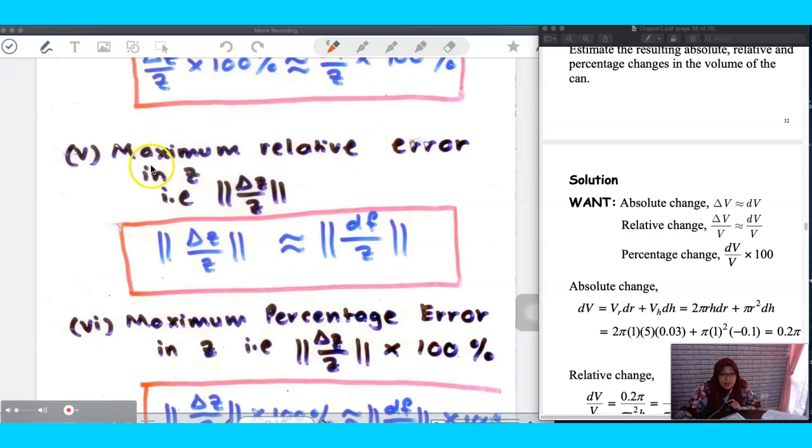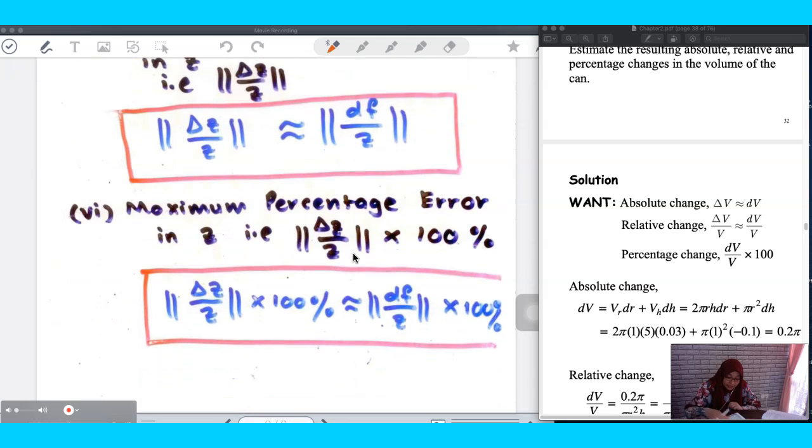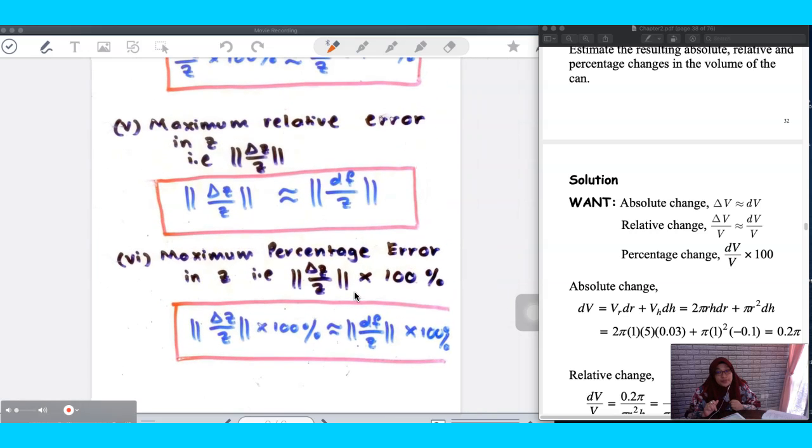Now there is the word maximum, which means you have to put the absolute sign. Now maximum percentage. Last time I just explained percentage change. Now maximum percentage change: using the formula of the maximum change, you have to put the absolute sign. So these are all the types of approximation, the continuation from the increment using the total differential. These are all very important.